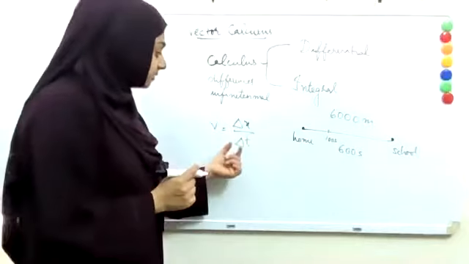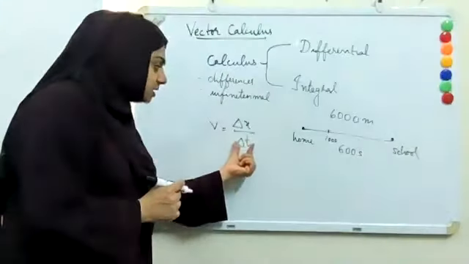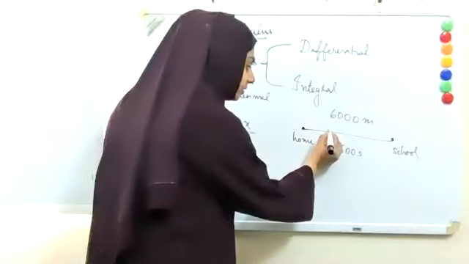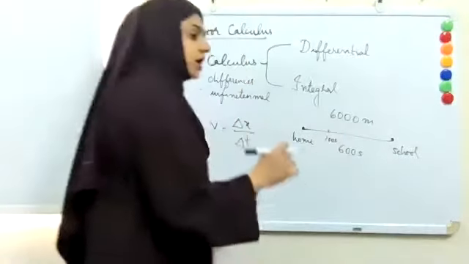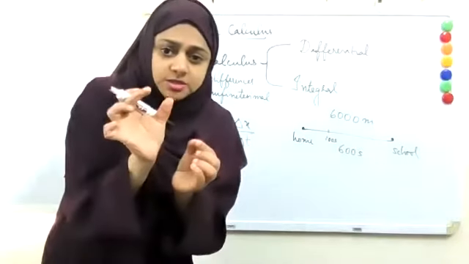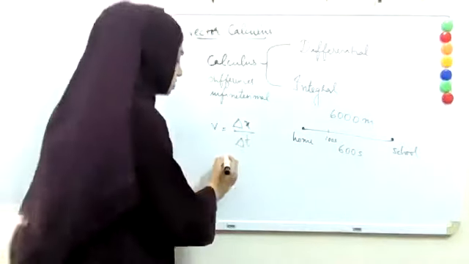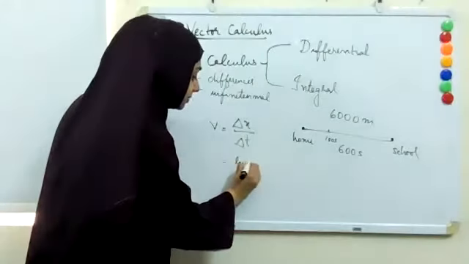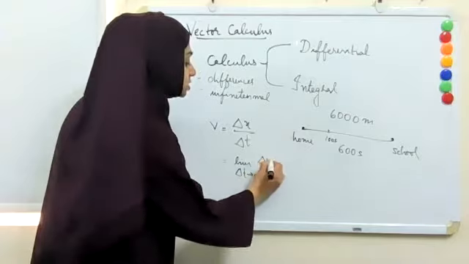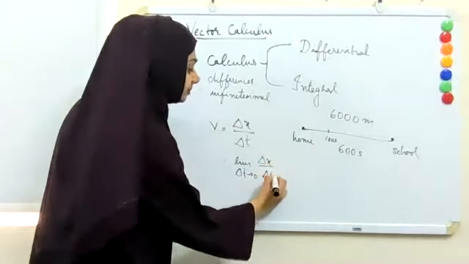If that is the question, then you have to take this time interval narrow. So from 100 second to 100.0001 second. So the time interval is very small. So you have to take the limit delta t tends to 0 of delta x by delta t.